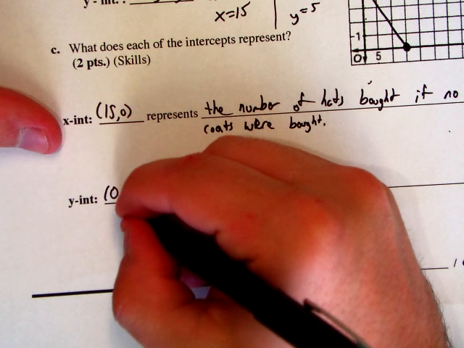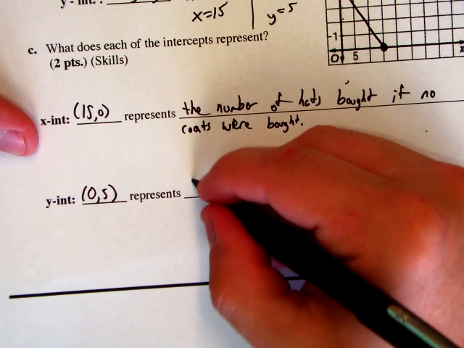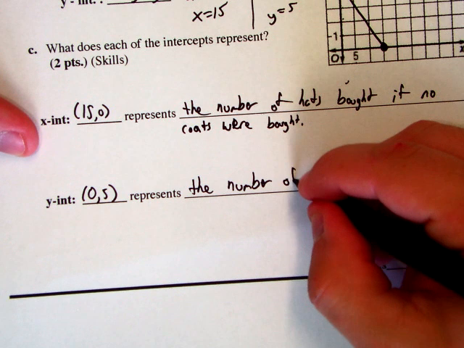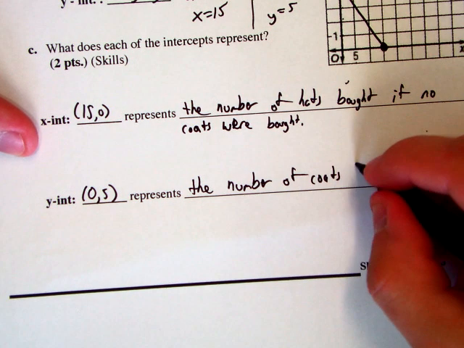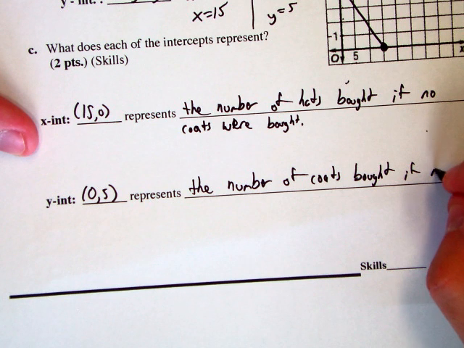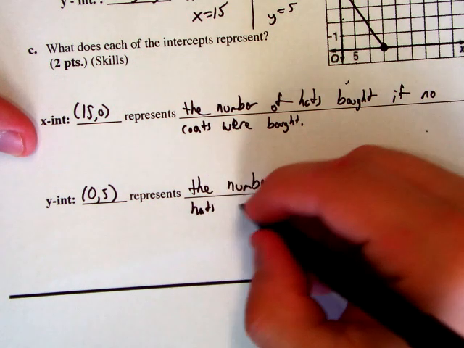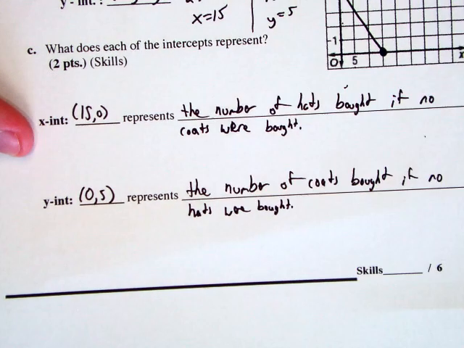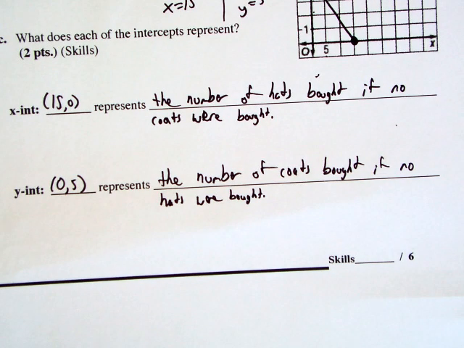And then the y-intercept would be (0, 5), and that represents exactly the same thing, but instead of hats, it'll be coats. Again, you can always say it's the maximum number of coats you could buy for $375.